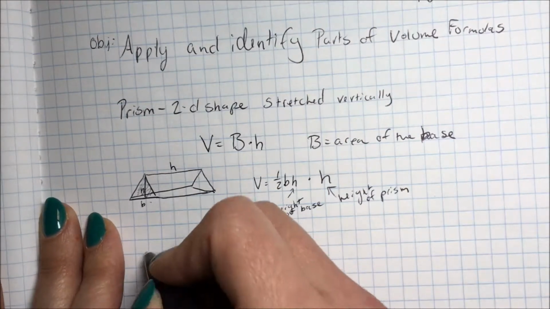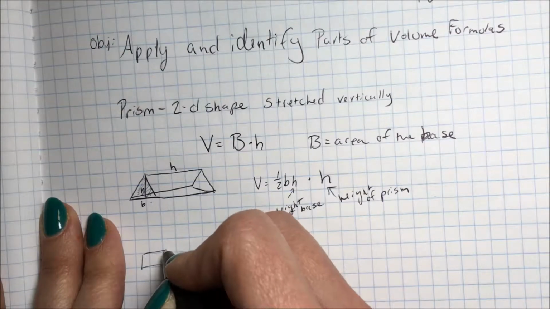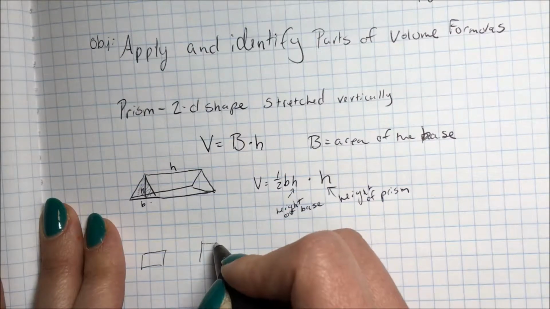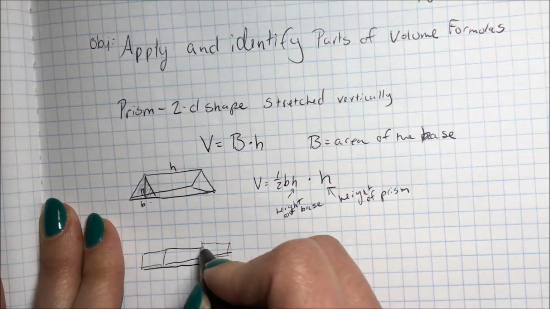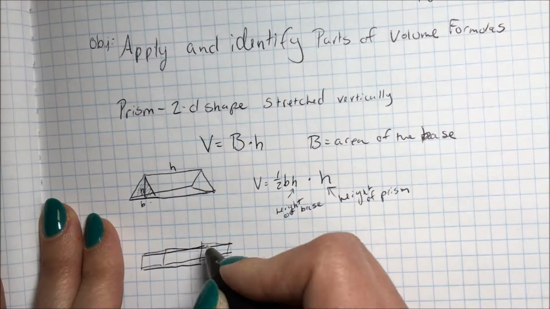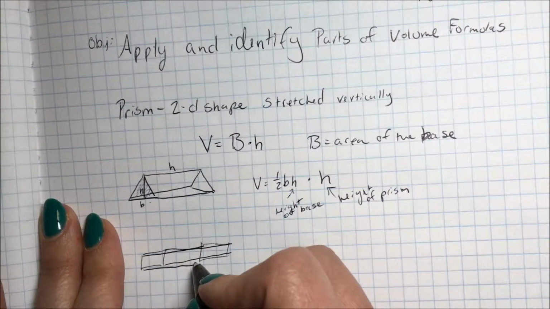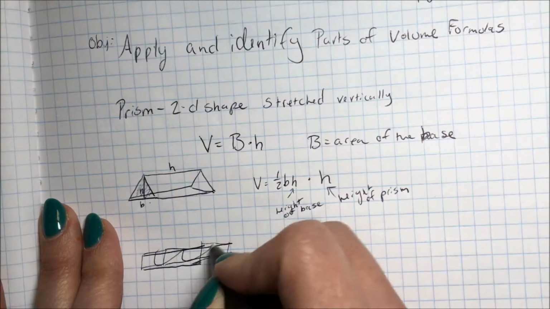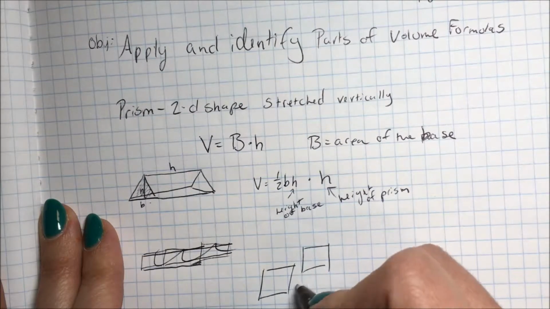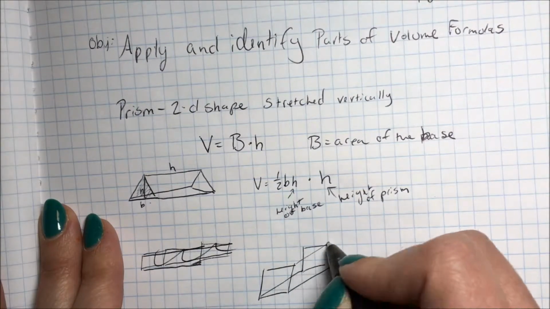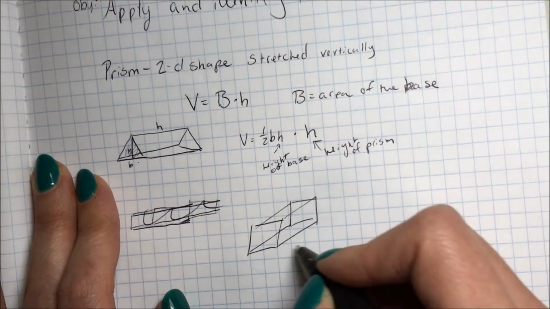Okay, you might have like a rectangular prism. Something like that, and it's a pretty terrible drawing, but you get the idea. I could probably do a better one. Hold on. There we go.